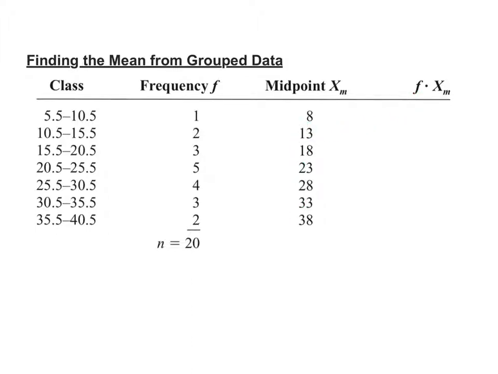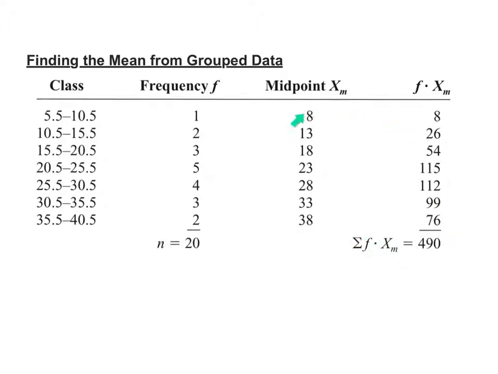So again, why we multiply these is, if I have 2 13s, for example, I could add 13 plus 13, but the shortcut, that's what multiplication is. Multiplication is a shortcut for addition, right? I could add up 23 5 times, but the faster way to do that is to multiply it by 5. So here's that last column. And again this sigma means the sum of the frequency times the midpoint.